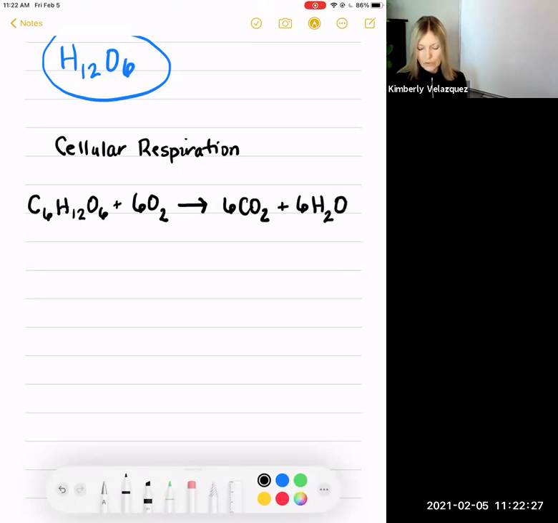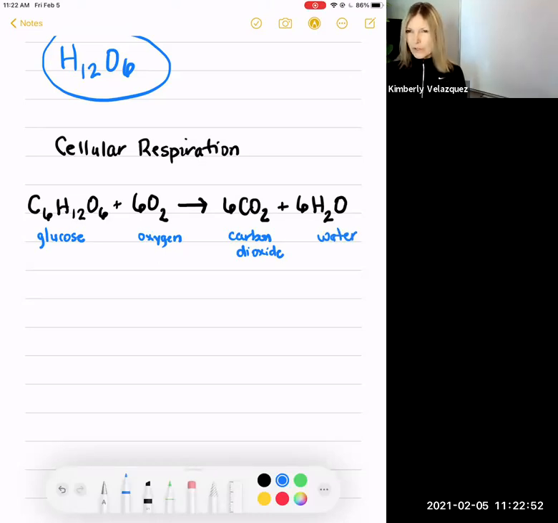The H2O you already know, we just saw that. This is glucose, oxygen, carbon dioxide, and water.